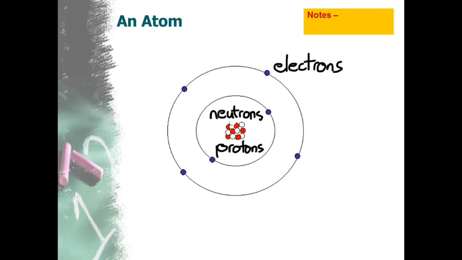And soon after people were able to figure out that this is what an atom is composed of, we were able to figure out that these different subatomic particles actually have different charges. So an electron, we've discovered, has what Coulomb called a negative charge.